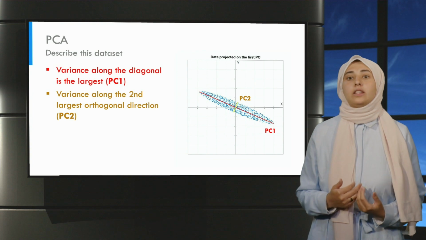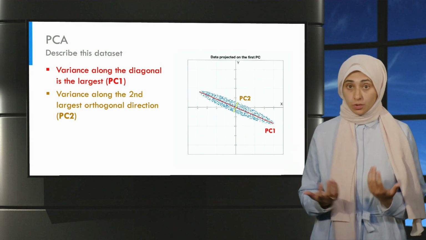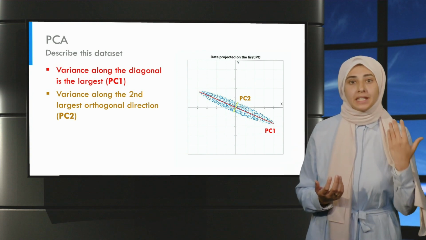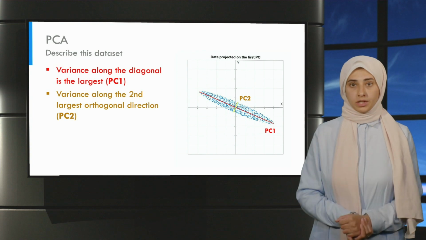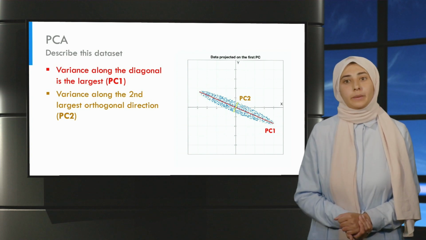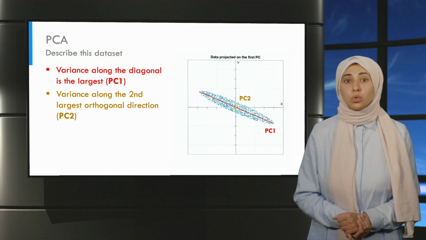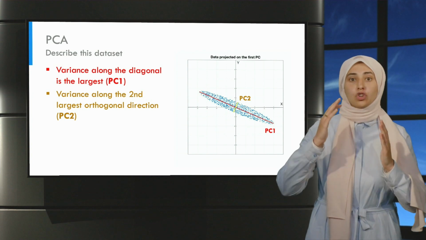Then, instead of having x and y features to describe the data, we use PC1 and PC2 to describe the data. PC1 and PC2 are just the rotated version of the original axes. This is the intuition behind the data description step of the PCA dimensionality reduction technique.